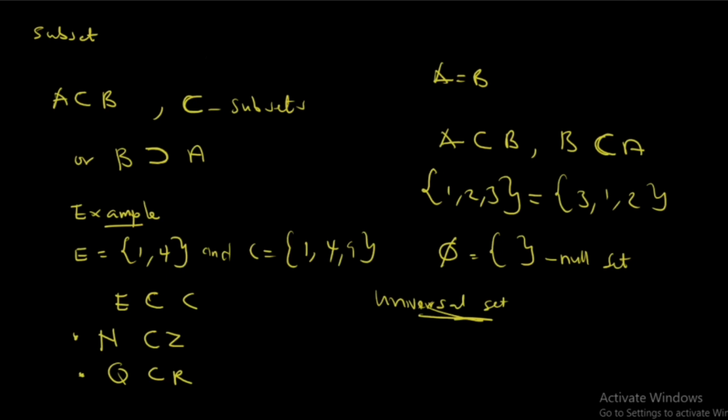And in this course, we often denote the universal set by the letter S. The universal set is called the sample space in probability theory.